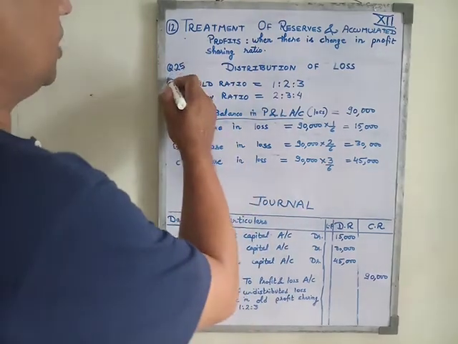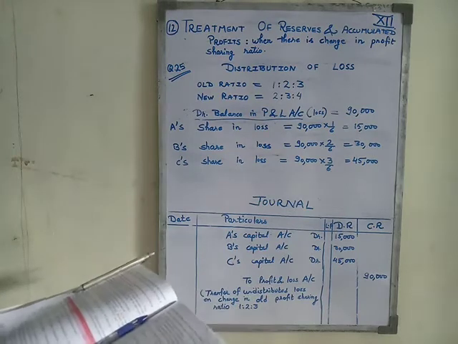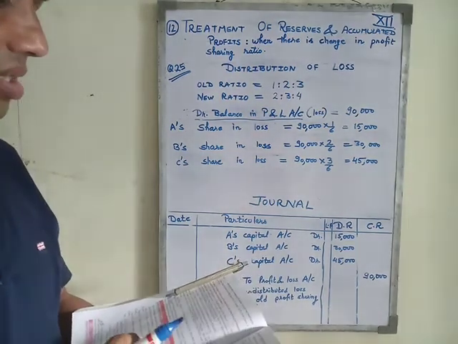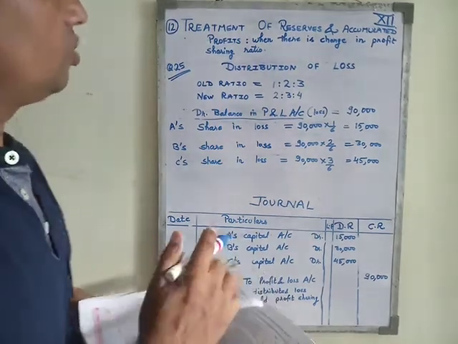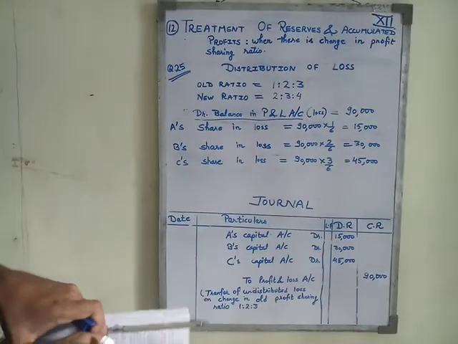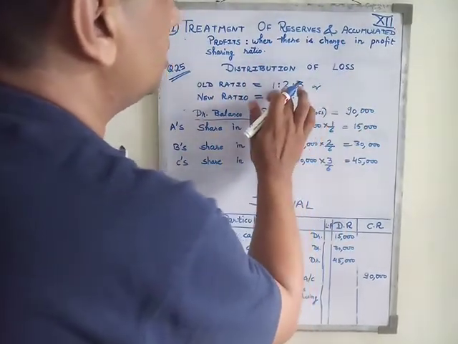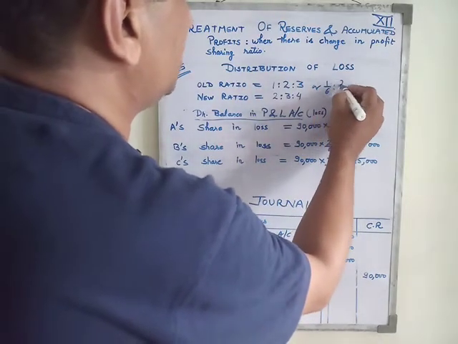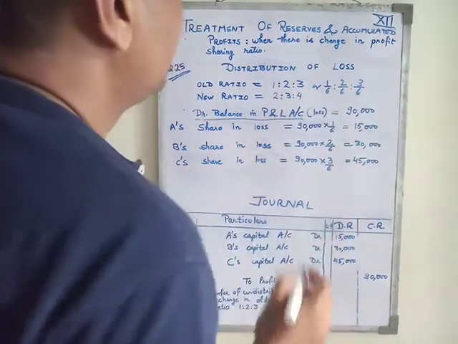This is question number 25. In this question, A, B and C are partners sharing profits and losses in the ratio of 1:2:3. So the old ratio is 1:2:3, which means A's share is 1/6, B's share is 2/6 and C's share is 3/6.